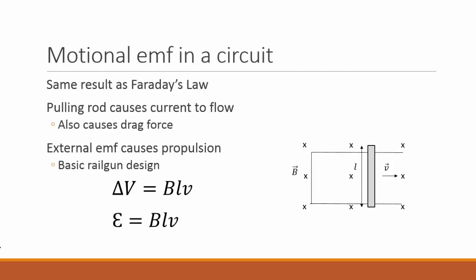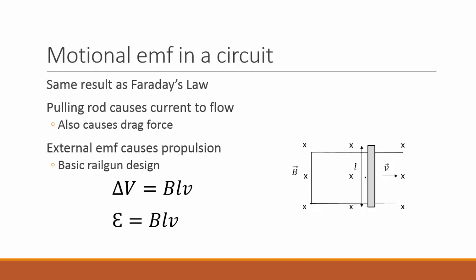Now, I can also think about this as being part of a circuit, and show you how this gives you the same result from Faraday's law. If I had a bar that was now on a wire frame, like a U-shaped wire frame that is being pulled over, so now we could say this is a little more realistic.